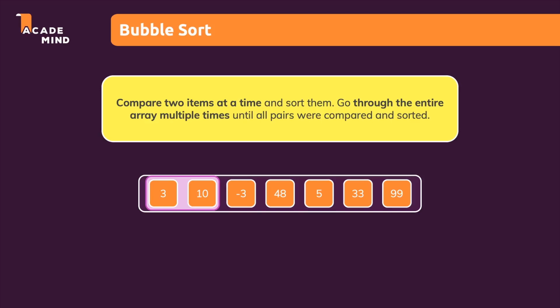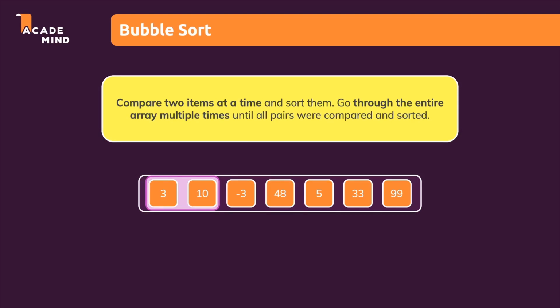Now let's say we want to sort in ascending order, so we would check if the first item, 3, is bigger than the second item. If that would be the case, we would need to swap those two items to, well, put them in ascending order. Here, of course, that condition would not be met because these two items already are sorted correctly.